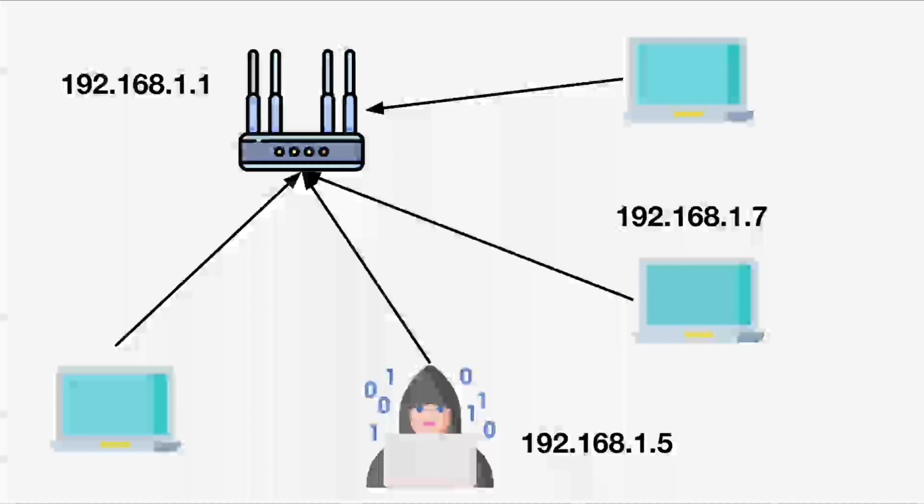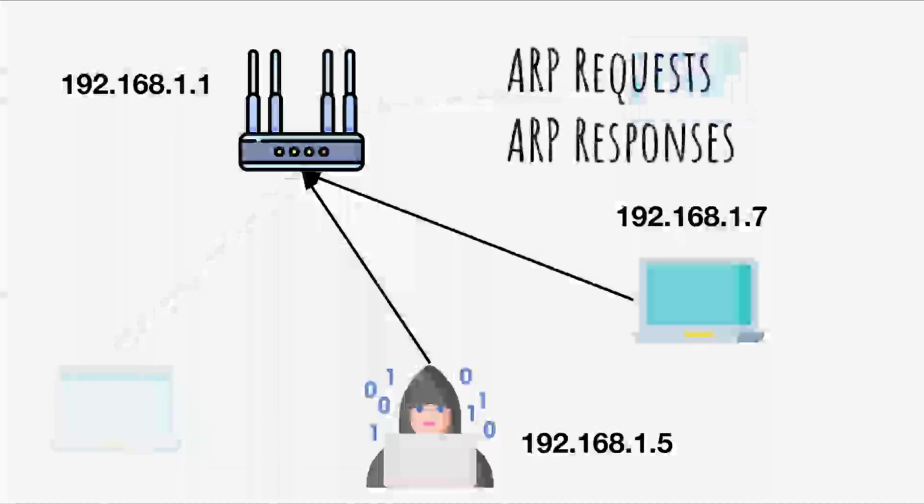The way a device finds out which device has which IP address is by sending ARP requests and getting back ARP responses. In plain words, an ARP request is simply a device asking the network who is someone. Since we are talking about network devices, the question would look something like this. Who is, or who has, 192.168.1.1?